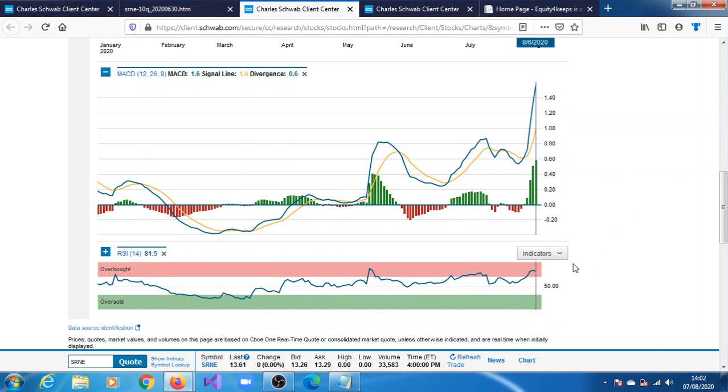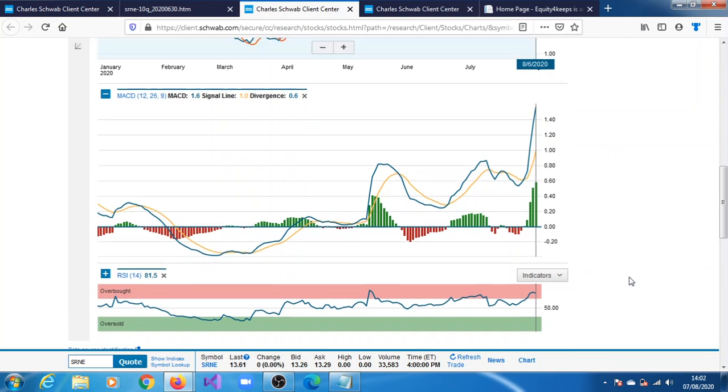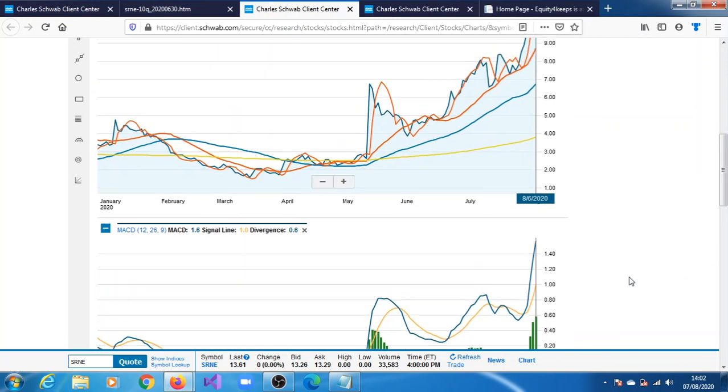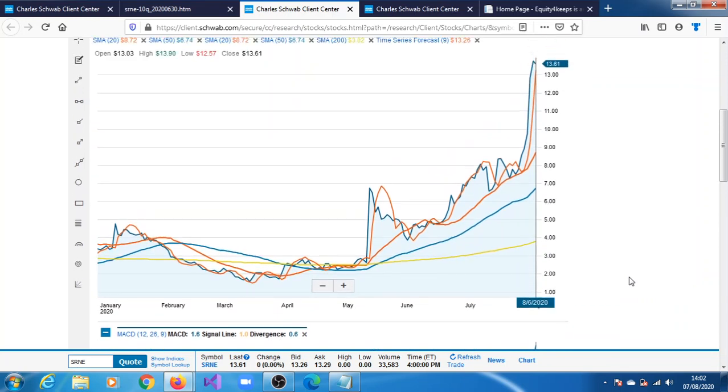And obviously you can see the RSI, relative strength index, indicating that Sorrento is overbought at the moment, overbought by 81.5%. So at the same time, while you're looking at the bullish momentum indicated by the trend lines and the MACD, you can also expect that some pullbacks might occur.